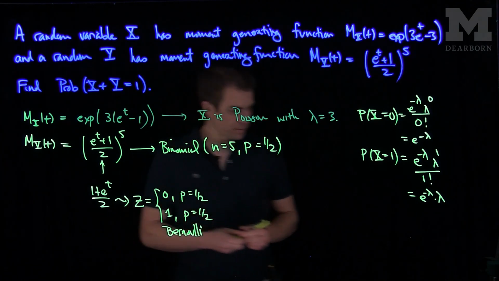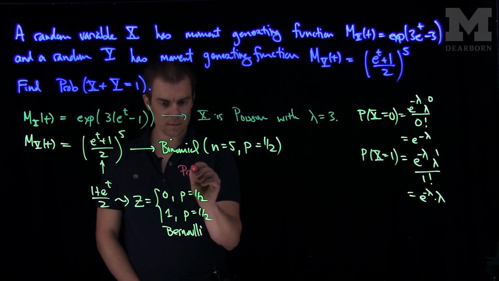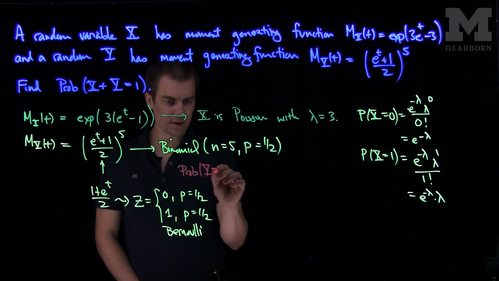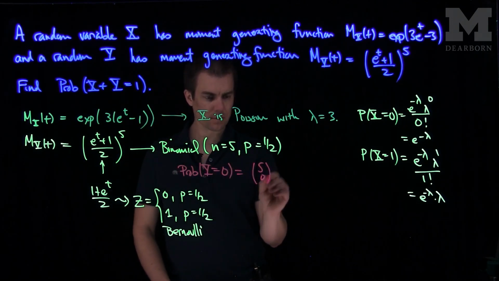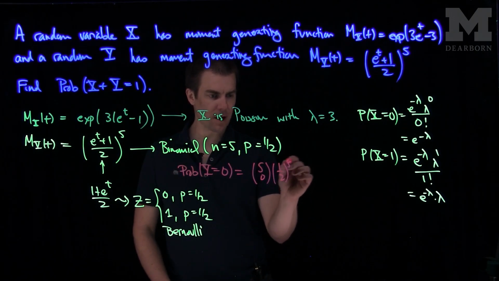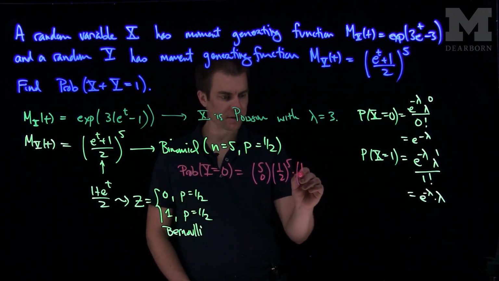For the binomial, the probability that Y is equal to 0 is 5 choose 0, times 1/2 to the fifth power, and then 1/2 to the 5 minus 5.